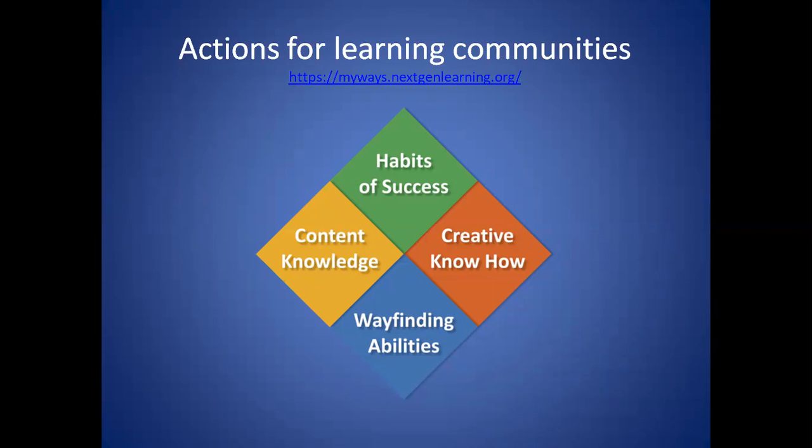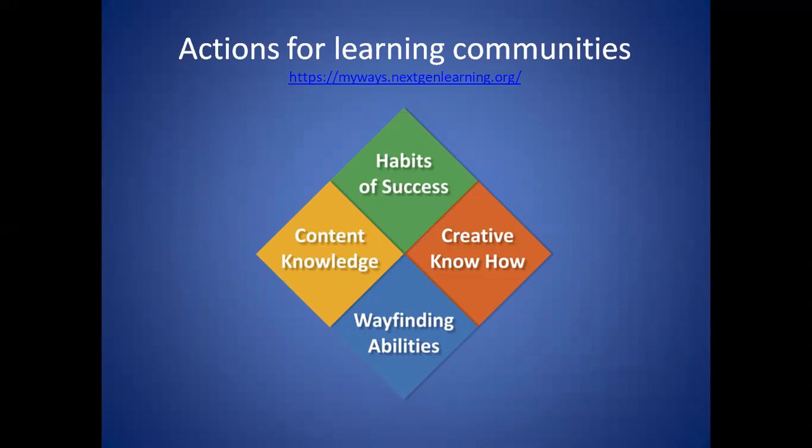But a learning community or an educational community to nurture and encourage self-advocacy has 4 areas that it develops. It helps learners develop habits of success. They do things on a regular basis that they can be successful in doing. It involves creative know-how by the educators.